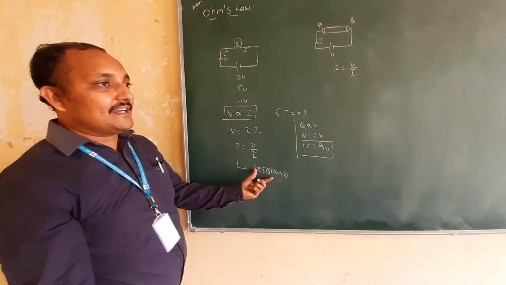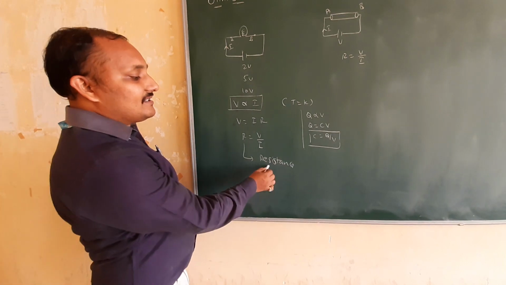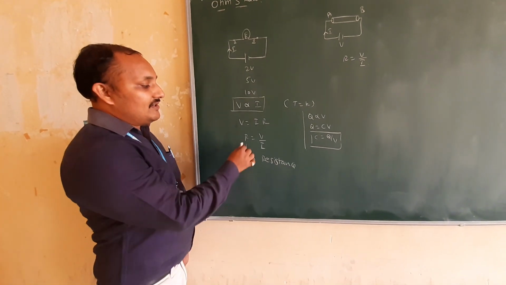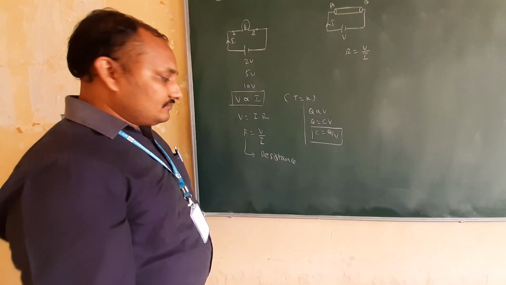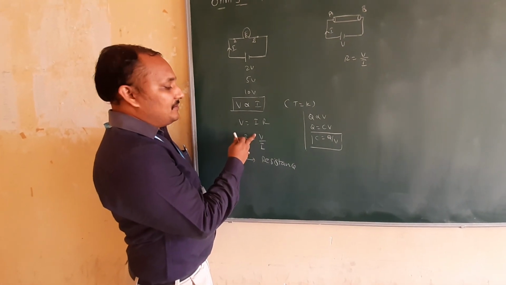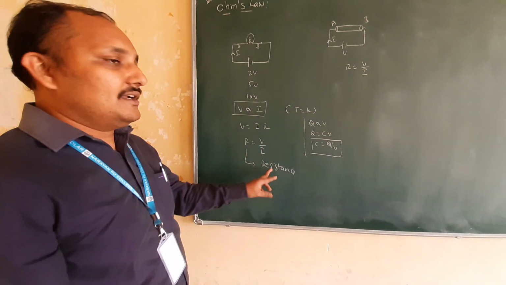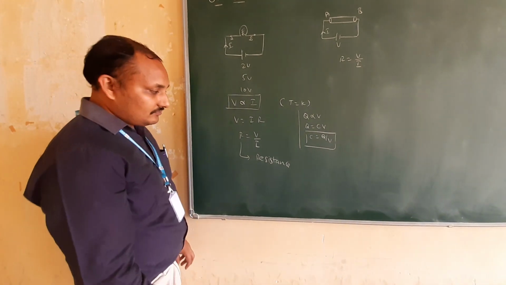The property of the conductor to oppose the flow of current is called resistance, denoted by capital R. Another definition: the ratio between voltage and current flowing through the conductor is called resistance.